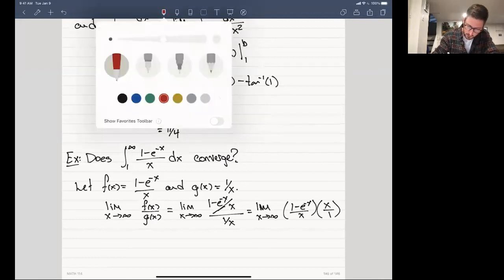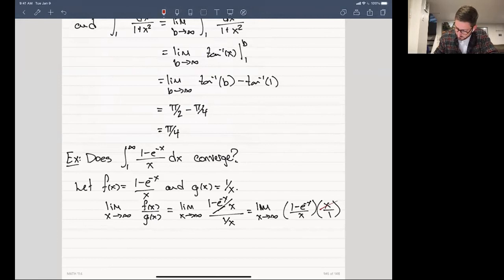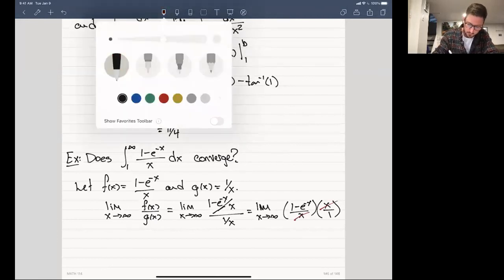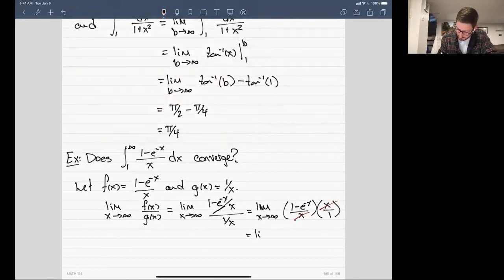So I'm inverting g, and you can see these two cancel each other off. And so I get the limit as x goes to infinity of 1 minus e to the minus x. The e to the minus x term disappears, and I'm left with 1.